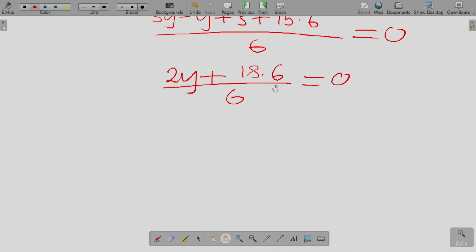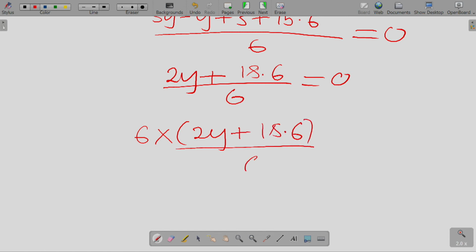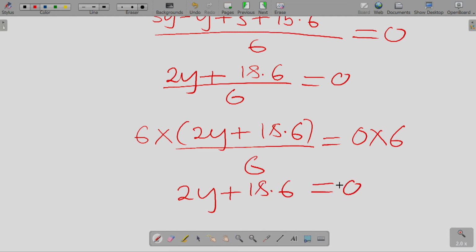The following step is to multiply both sides by 6. So if you multiply both sides by 6, we'll get 2y plus 18.6 equal to 0.